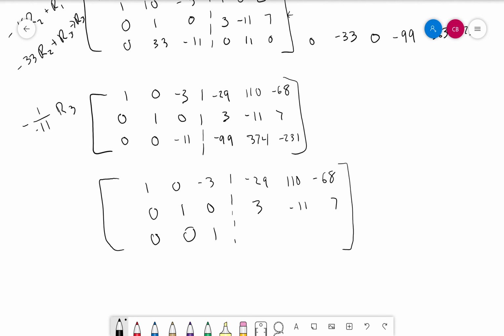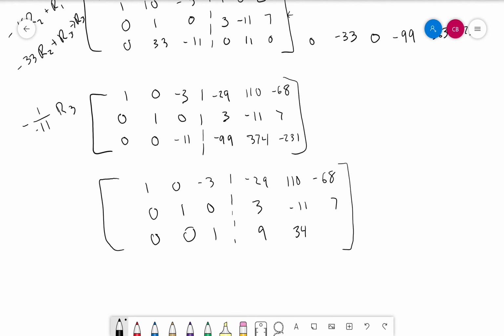Now, 99 divided by negative 11 is 9. 34 times 11, I think, is it. Yeah, so this is 34. And then, just to make sure, negative 231 divided by 11.